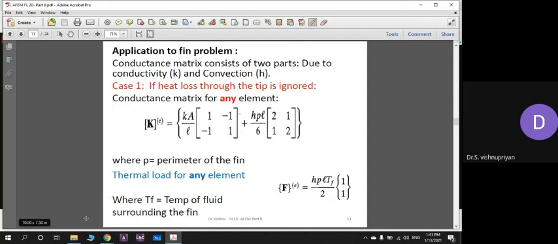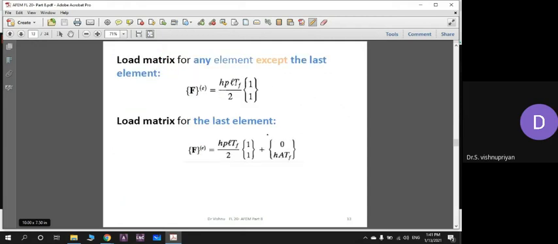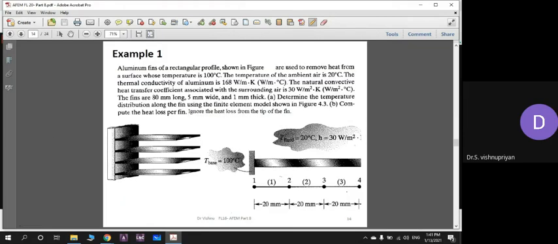Now we are going to discuss two cases: one where the heat loss through the tip is ignored, and one where the heat loss through the tip is considered. If you take this fin, are you going to consider the heat loss through the tip or not? That is the difference between these two cases.